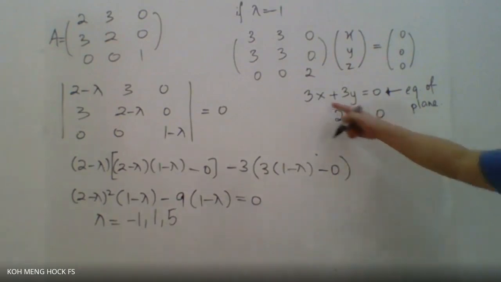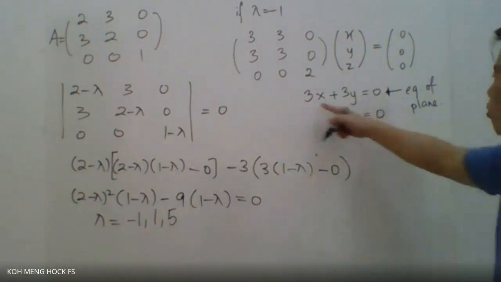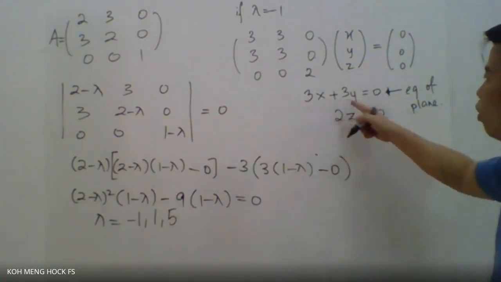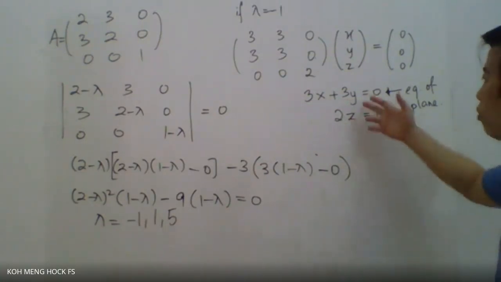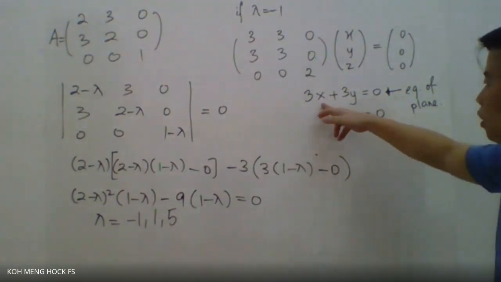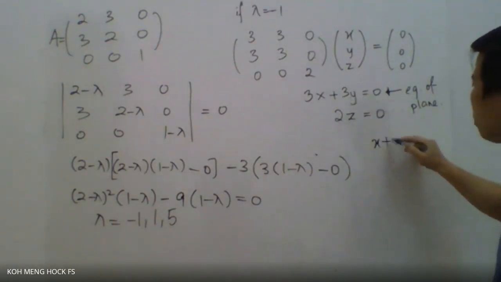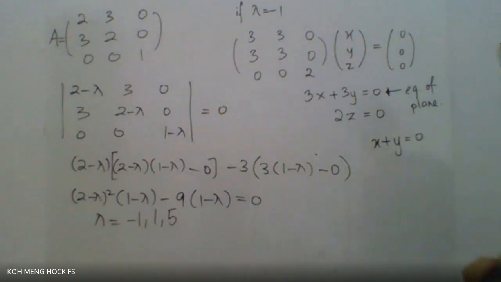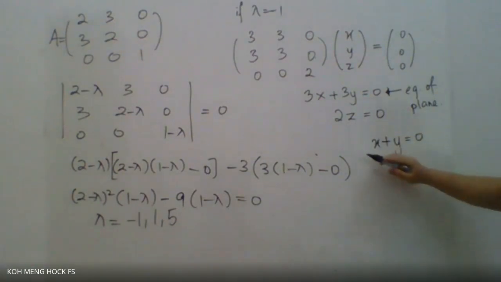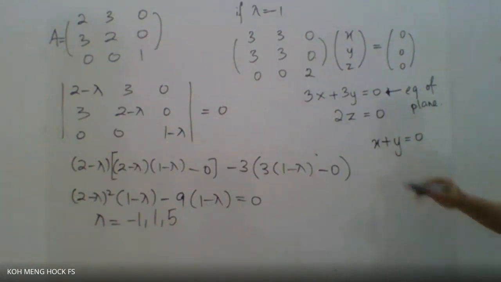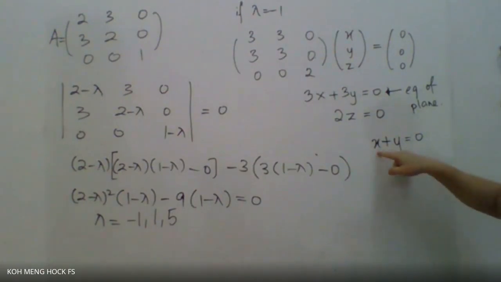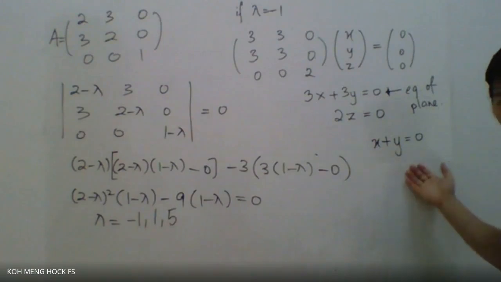So x and y, there is no definite answer, right? So what you can do is reduce this to x plus y equals to 0. So this is the equation of plane. You can choose any point that is on the plane, and that will be the solution that you want.